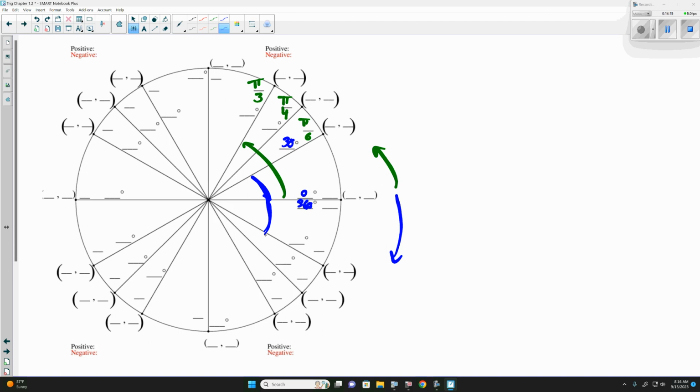So if I go down this way, because we said this one was an angle of 30 degrees, that means this is technically negative pi over 6, which means this one here is technically negative pi over 4. And if we come all the way down to here, we're technically at negative pi over 3.